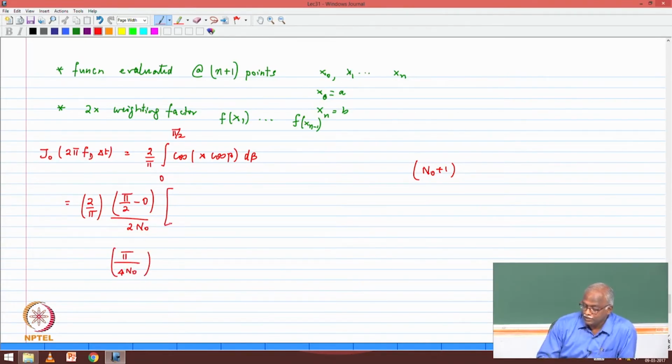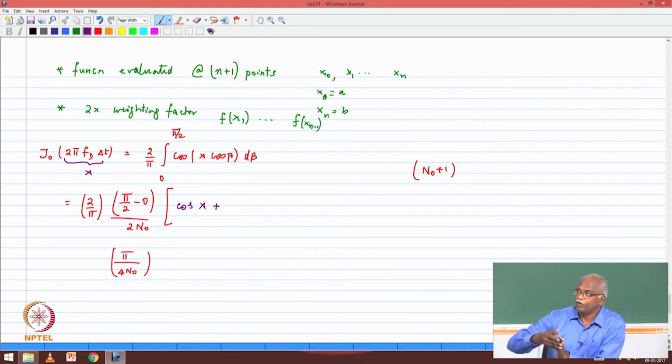The first one, and if I call this as x, let me call this as x. So the first term in the trapezoidal rule will be cosine x, because beta will be 0, cos beta is 1, cosine x. The second term in the trapezoidal rule will be basically beta uniformly separated between 0 to pi by 2, and you're going to increment it.